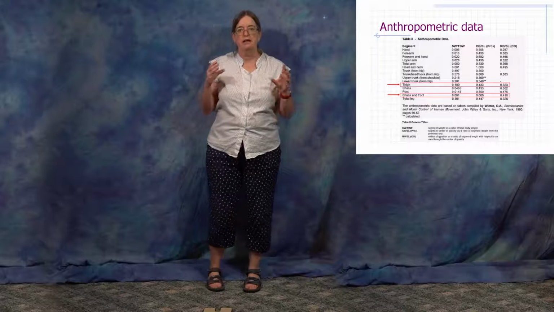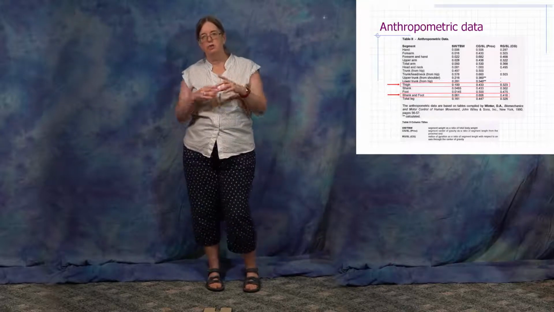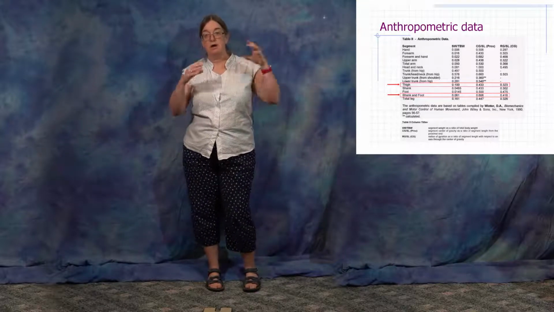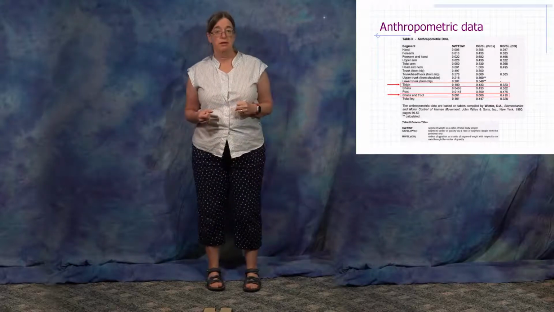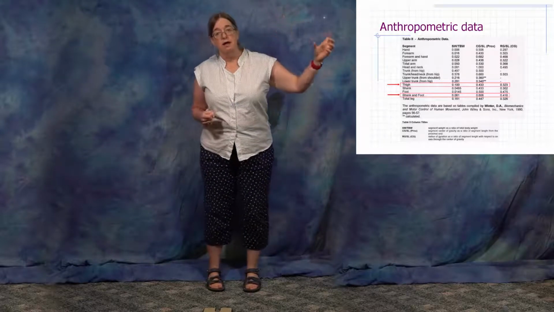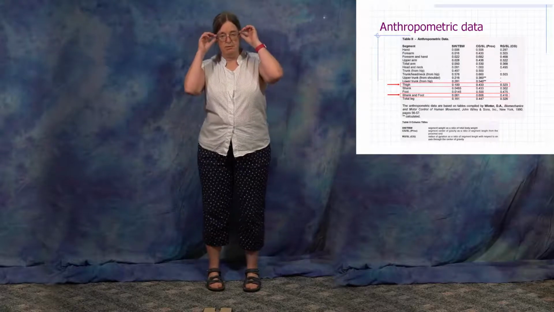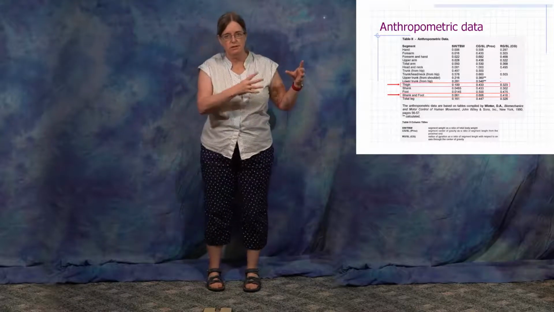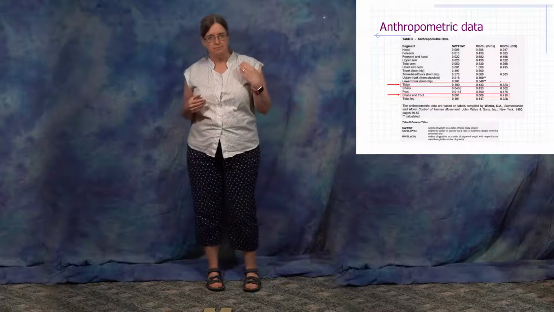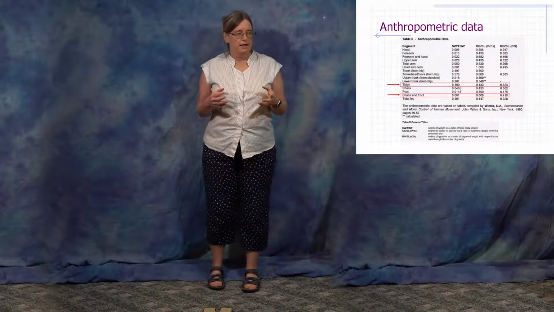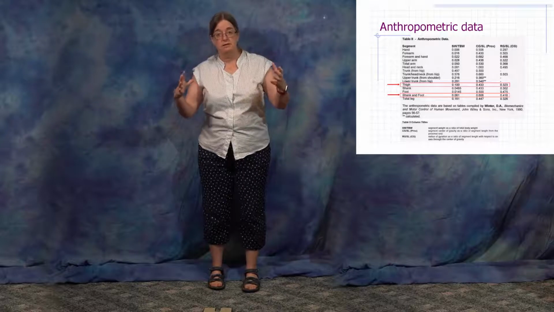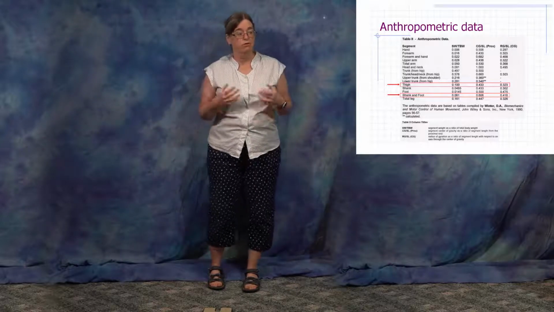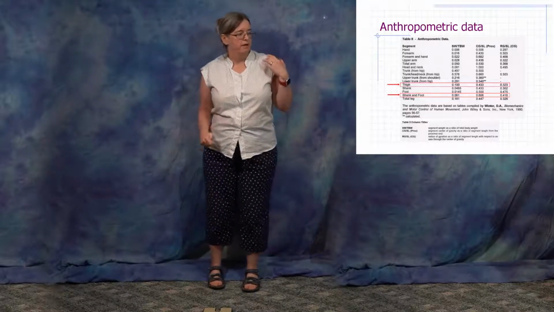So we are making an assumption here that we can use median values of the population to represent anybody in that population. And there are anthropometric tables that are specific to specific populations. So for example, kids. You might have a table for 10-year-olds or something like that.